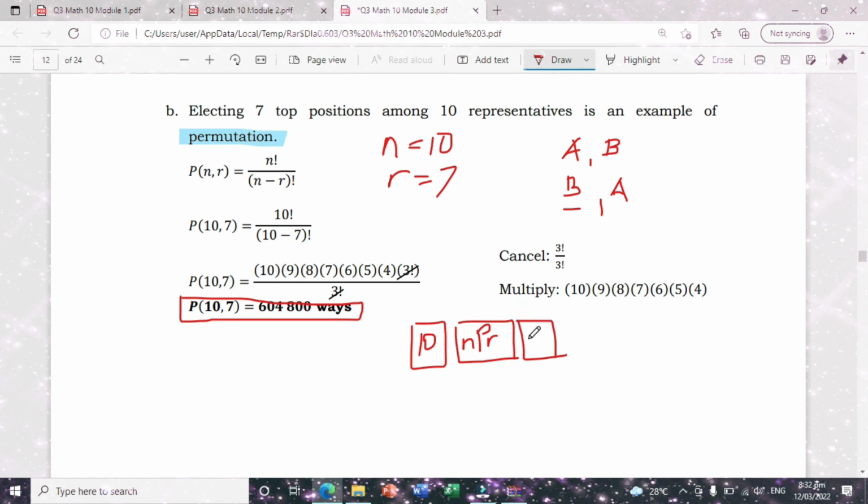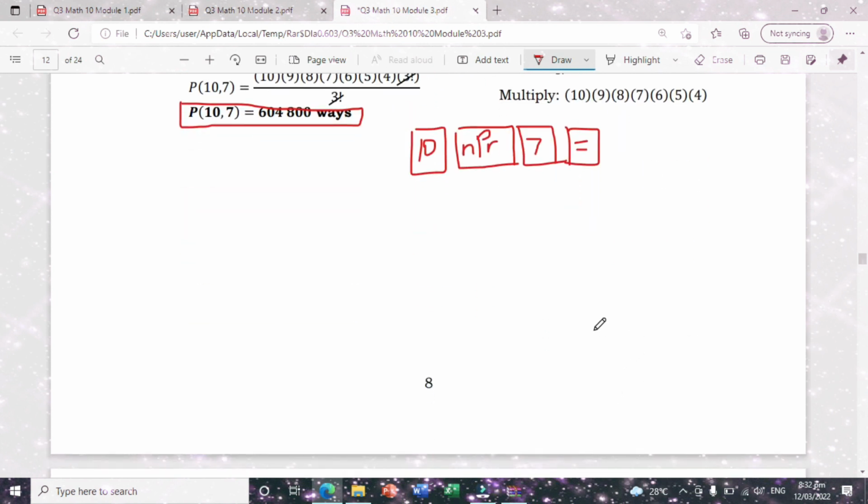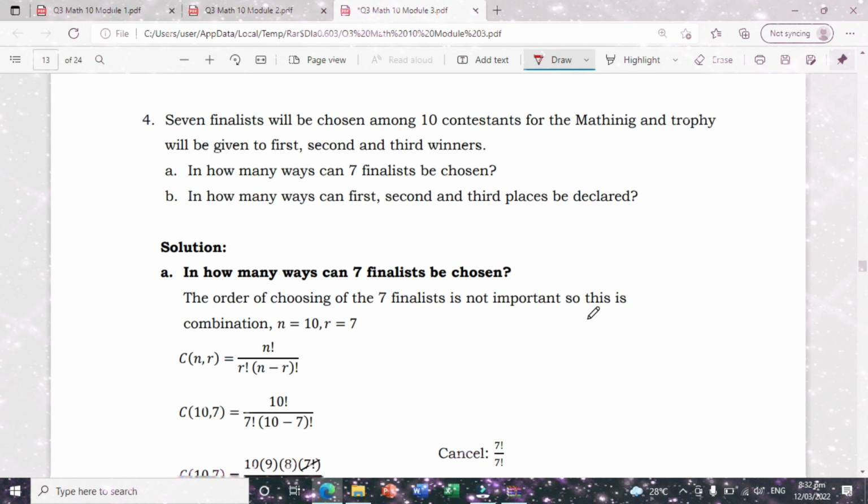At saka, yung R natin is 7. And lastly, do not forget the equal key button. Actually, mayroon yata rin sa cellphone. Paki-explore lang yung ibang cellphones. May mga ganito rin na key. Okay? Explore nyo lang yung calculator nyo sa cellphone.